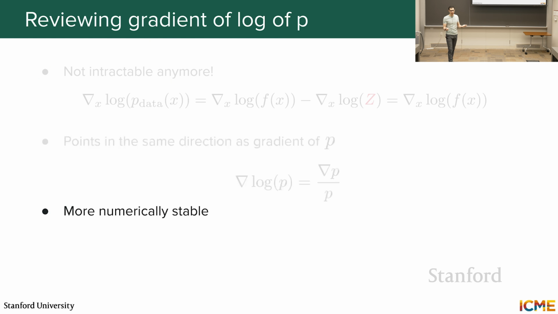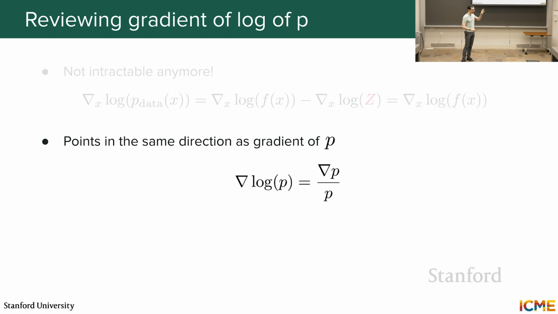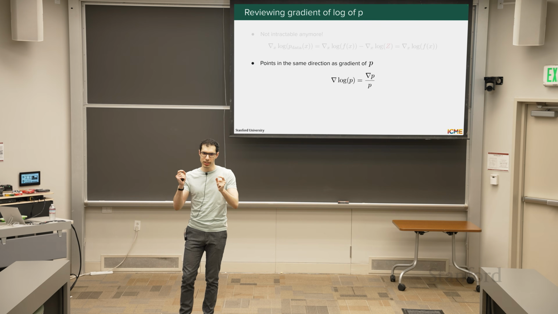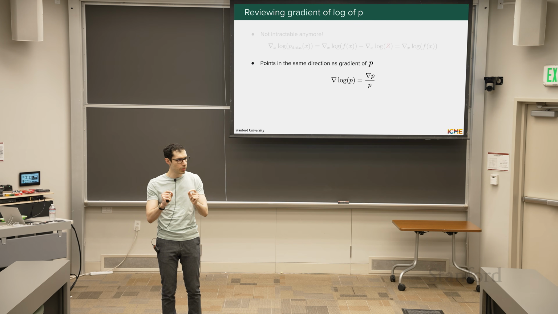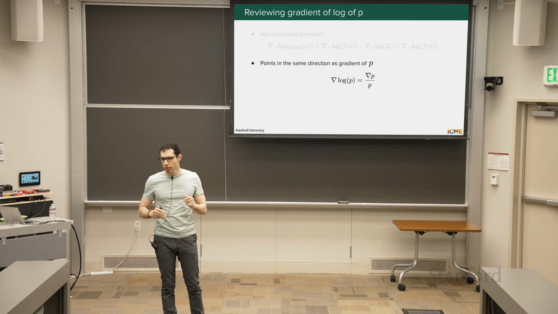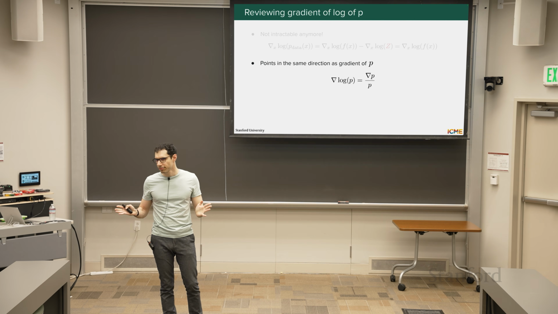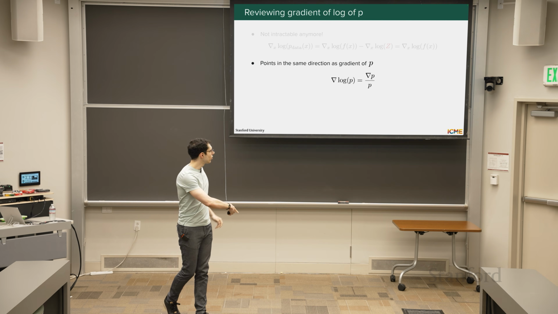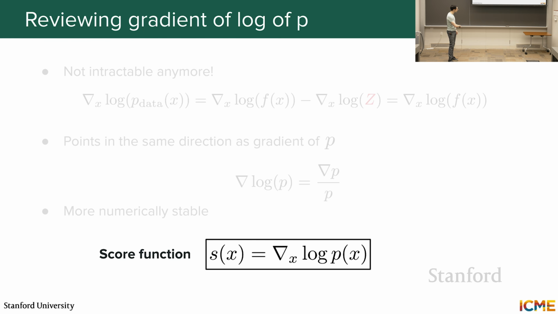And then the third reason is that it is just more numerically stable. And the reason for that is when gradient of p is very, very small, there are chances that p is also very small. And so if you take the ratio, it is not as small. So that's the third reason.